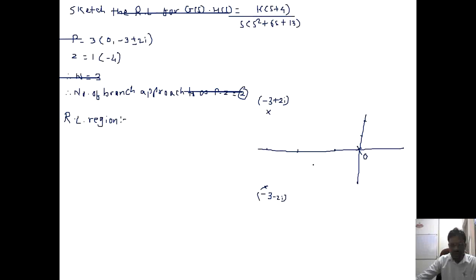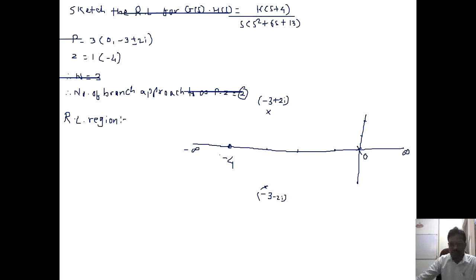So these are the poles 1, 2 and 3. Then 1 zero is present here at minus 4, marked by a circle. Now the regions will be infinity to 0, 0 to minus 4, and minus 4 to minus infinity. These will be the regions.